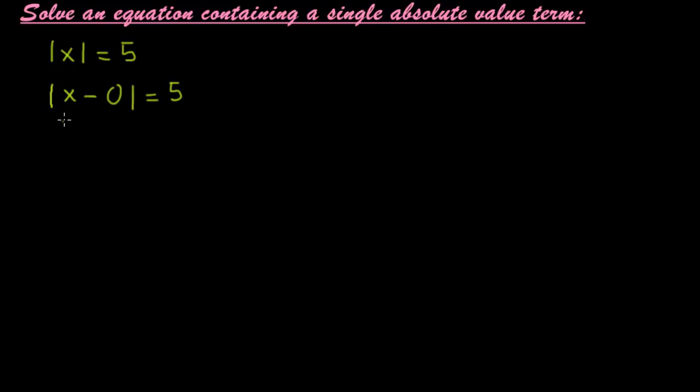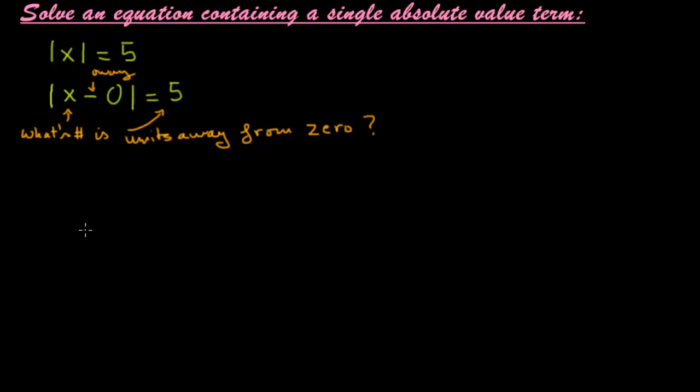If I write it this way, the problem will be read like this: what numbers are 5 units away from 0? Subtract stands for away from 0. So what number is 5 units away from 0?